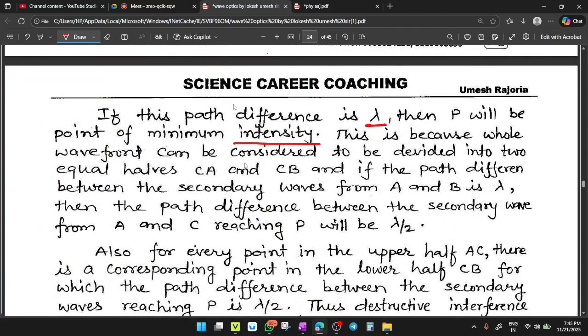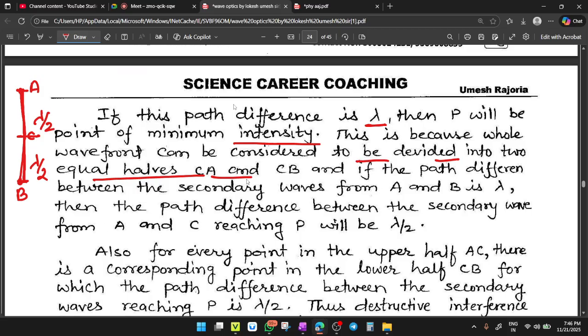This is because the wavefront can be divided into two equal halves, CA and CB. This is the A part and C, and this is the B part. So from wavelet 1 to the final wavelet at B, the path difference equals lambda. The wavelets till C will have a path difference of lambda by 2 and the other part also lambda by 2.